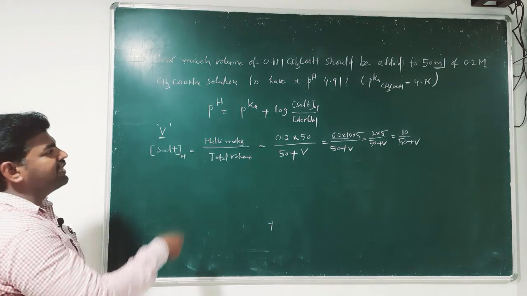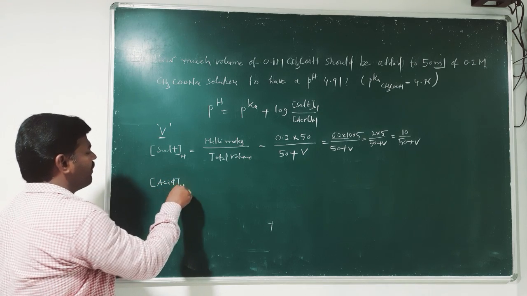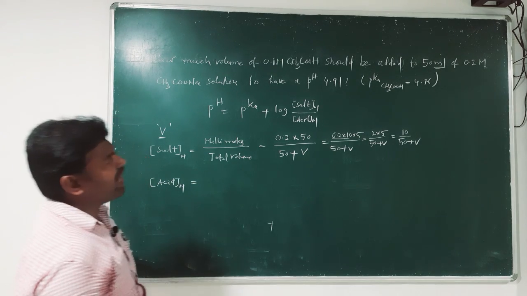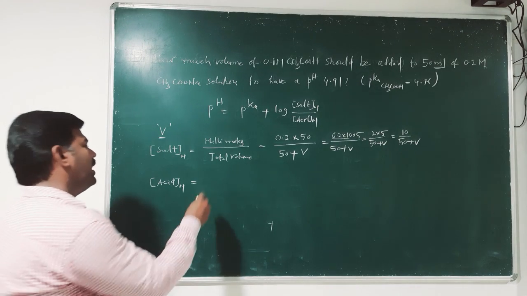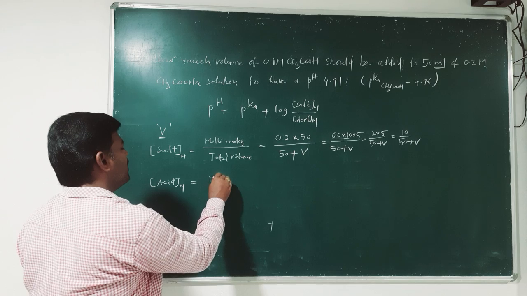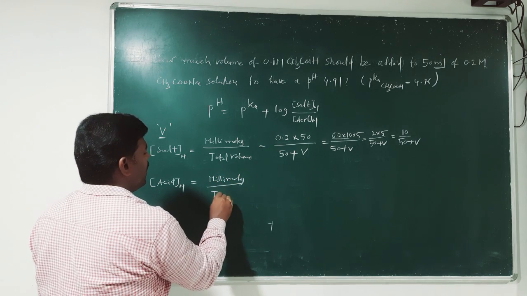Let us calculate the concentration of acid. Again the formula is millimoles by total volume.